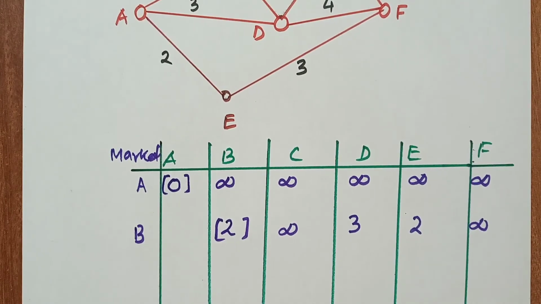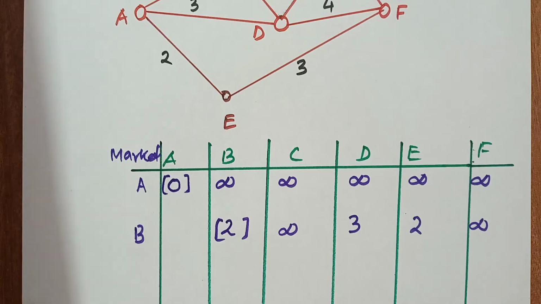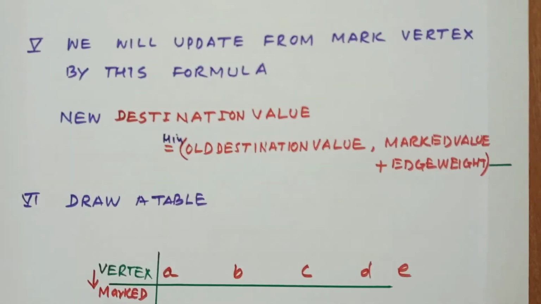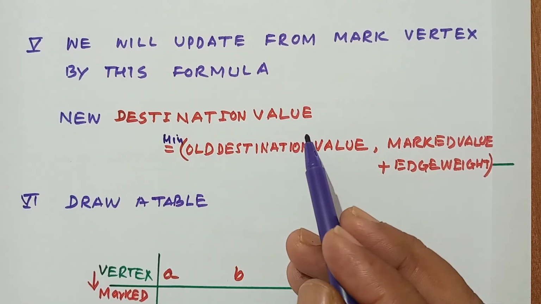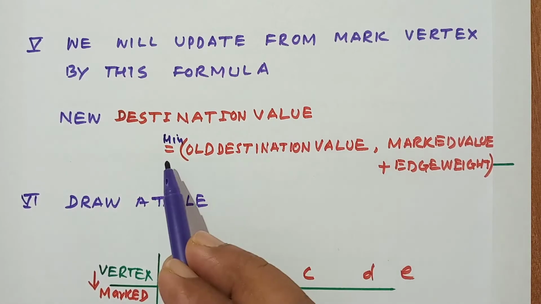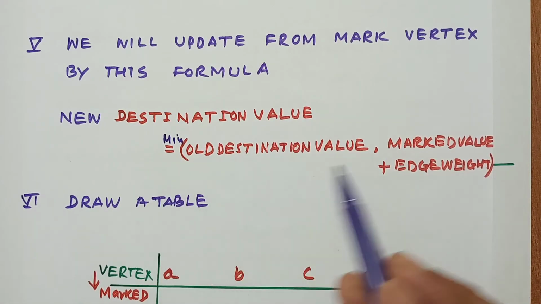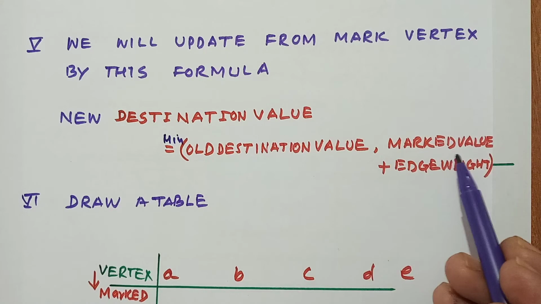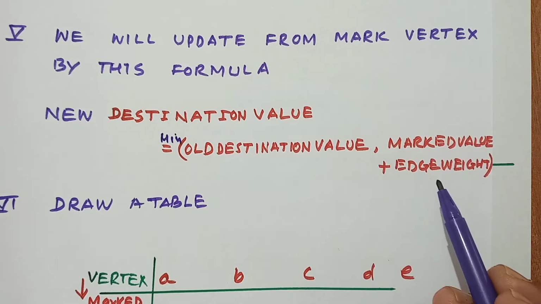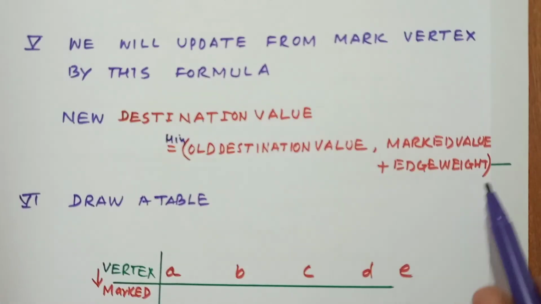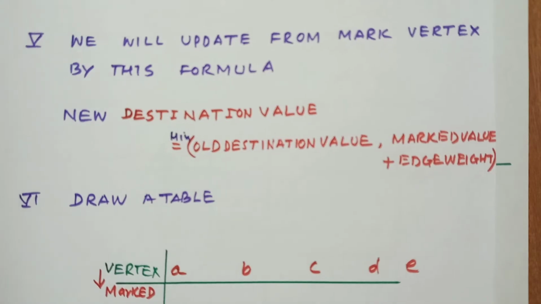Now we will use the formula for the next step. What is the formula? The new destination value is equal to the minimum of the old destination value, comma, marked value plus edge weight. So we shall use this formula for the next step.